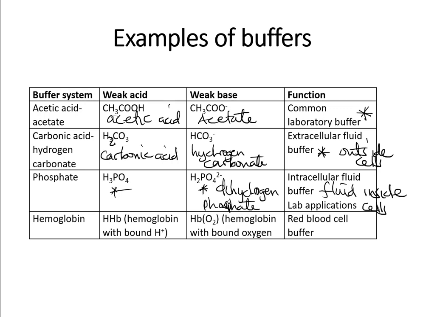Then we have hemoglobin buffer. Hemoglobin buffer will have hydrogen attached or oxygen attached. So this is hydrogen attached to the buffer or oxygen attached to the buffer based on the pH. So all these buffers work, especially this one, this one, this one.